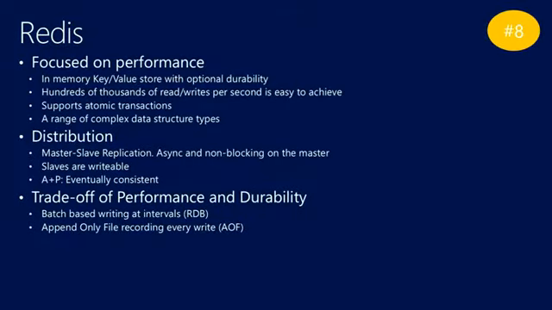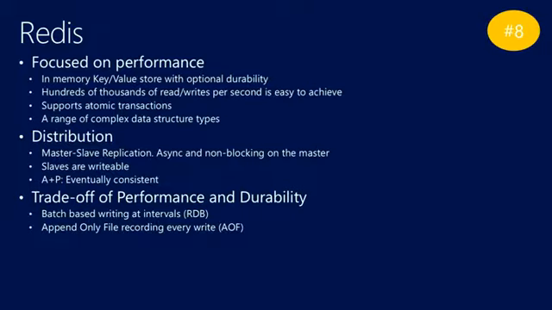Redis. So the question was asked before, hey, what's like the CDN for table storage? Well, the CDN for table storage is something probably a bit more like Redis, where durability is optional. It's a slightly different approach to databases. Redis is focused on really, really high performance, and it does that by trading off durability, i.e. not writing the data to disk.